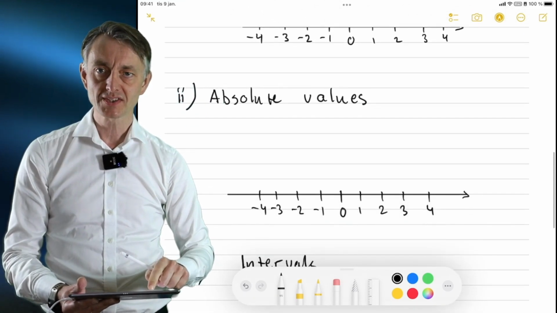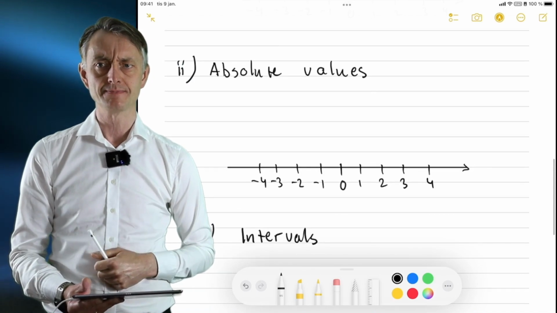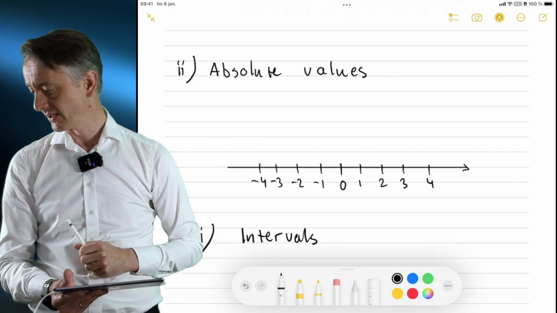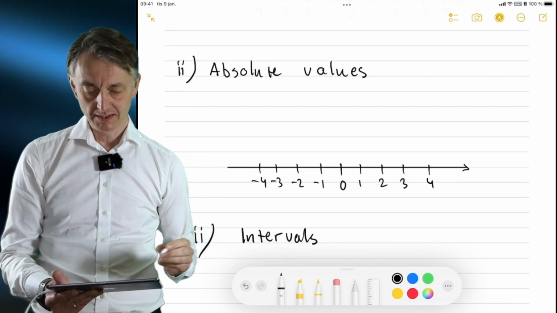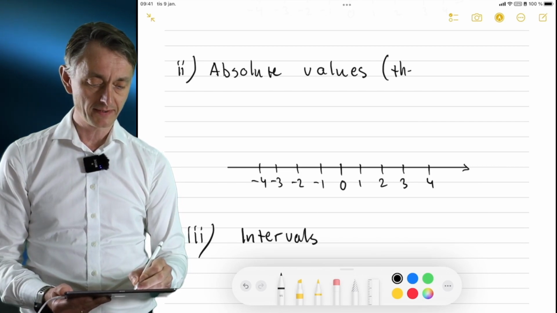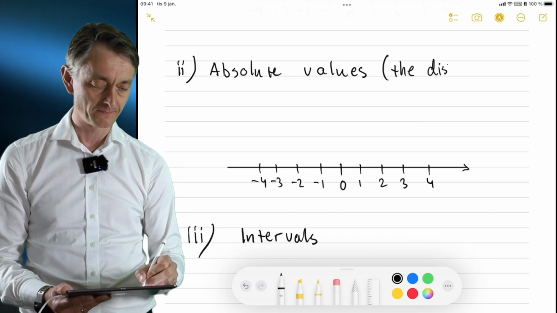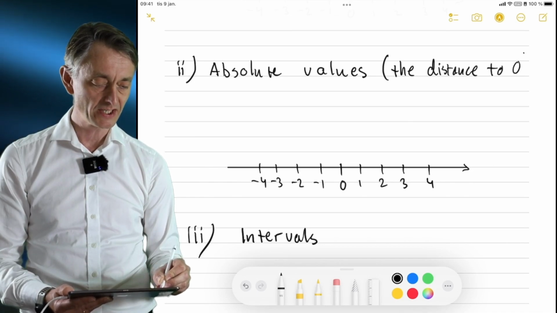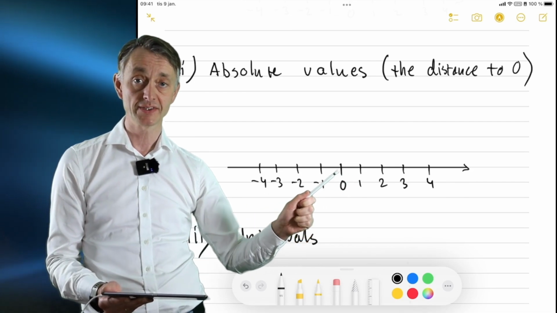Now, we can also discuss absolute values. What is an absolute value and what sort of use can we have of that? Well, we can think of absolute values as the distance to 0. Okay, 0 is here.